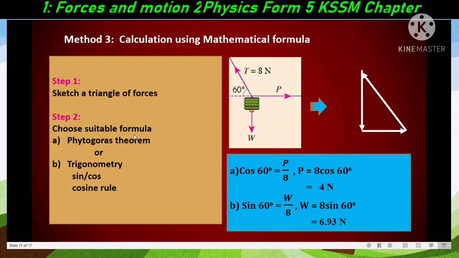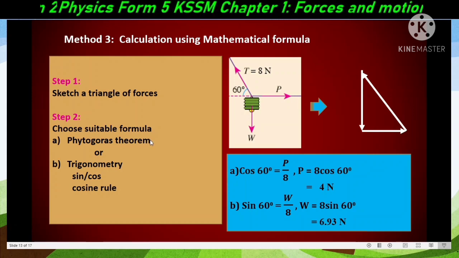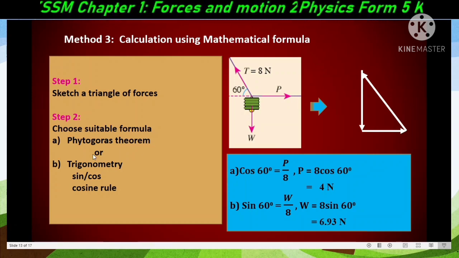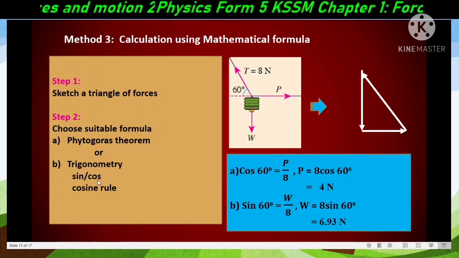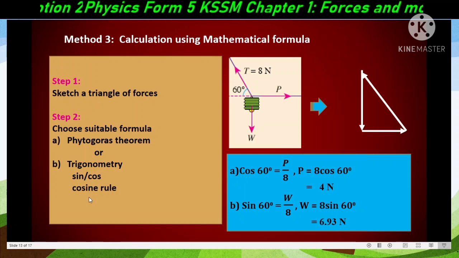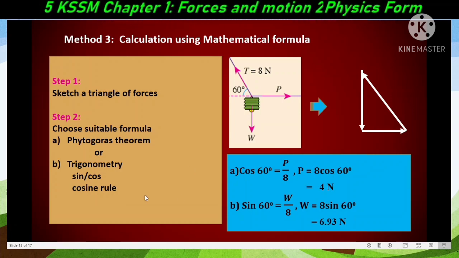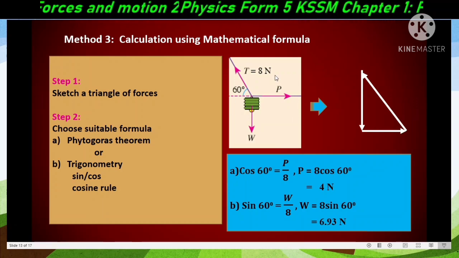Then you choose a suitable formula. If a right angle triangle is produced, you can right away use the Pythagoras theorem. If not, you can apply trigonometry, sine or cosine, sine rule or cosine rule, to solve the problems.